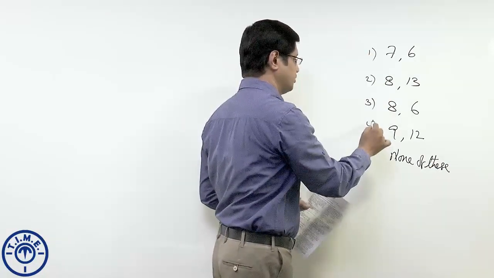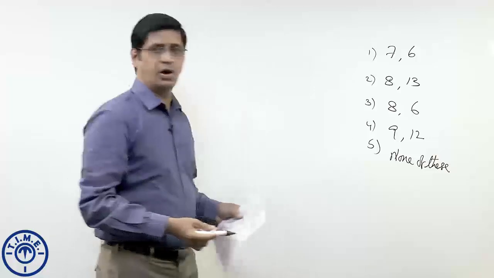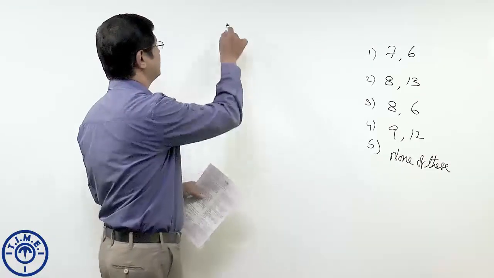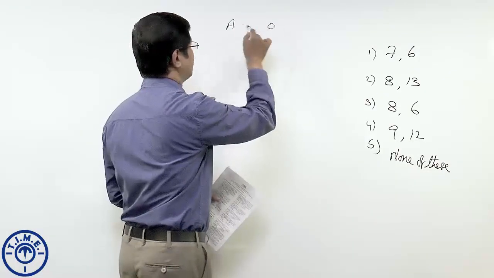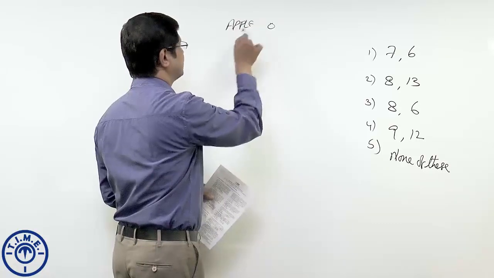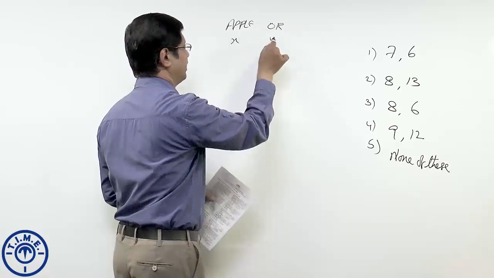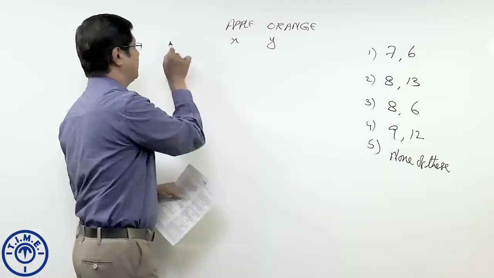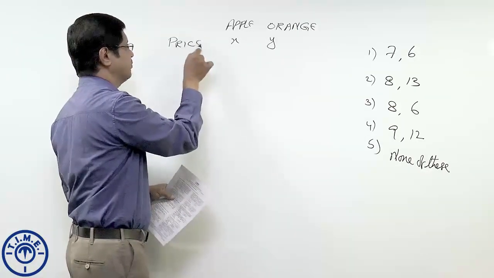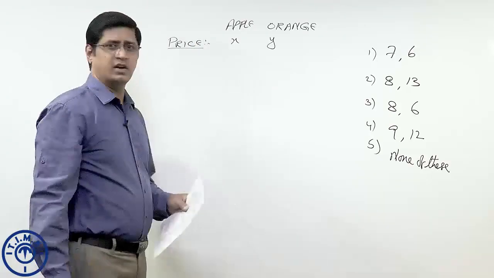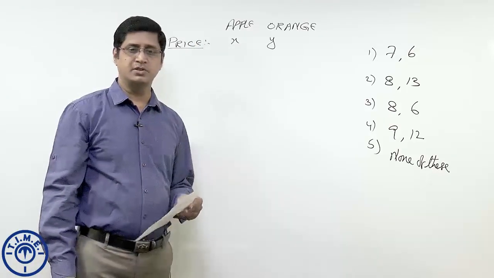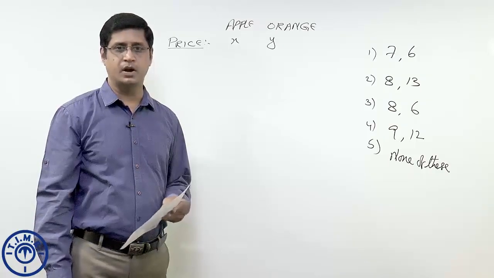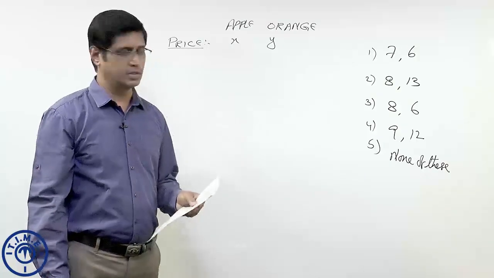Now, what are the conditions given here? The apples and oranges. I am assuming the prices of apple and orange as x and y. What is condition 1? He purchased an equal number of apples and oranges at rupees 98.